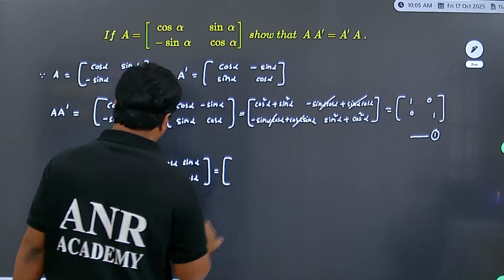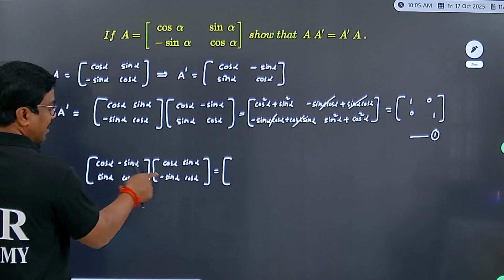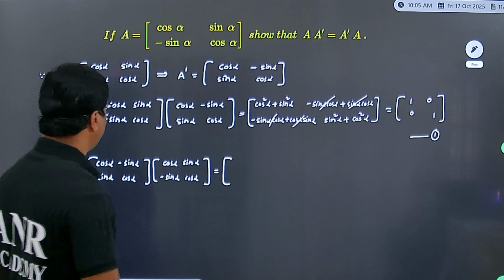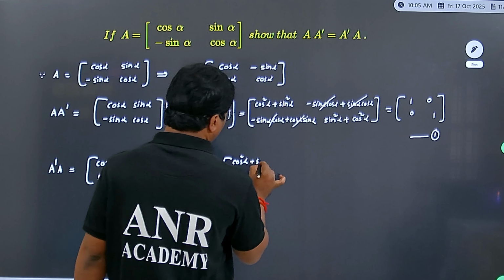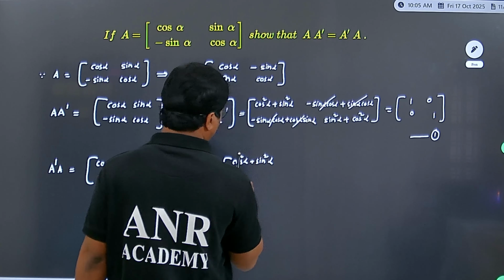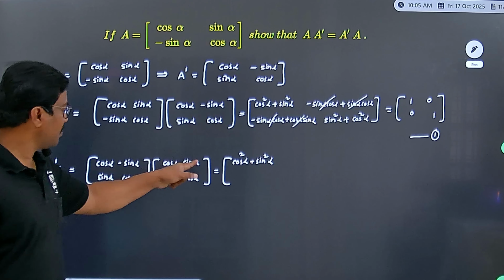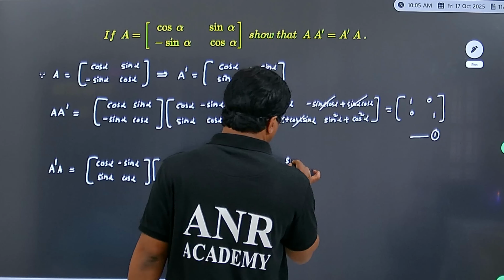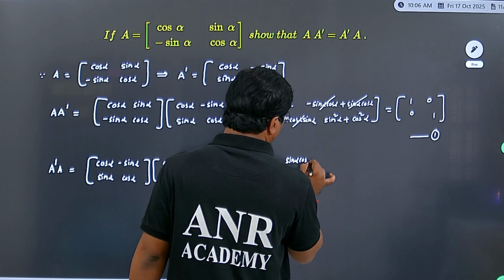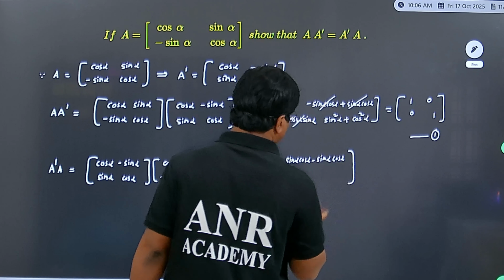On multiplication, cos into cos, cos square. Next, minus sin into minus sin, sin square. So that we get cos square alpha plus sin square alpha here. And after that, cos into sin minus sin into cos. That is sin alpha into cos alpha minus sin alpha into cos alpha.